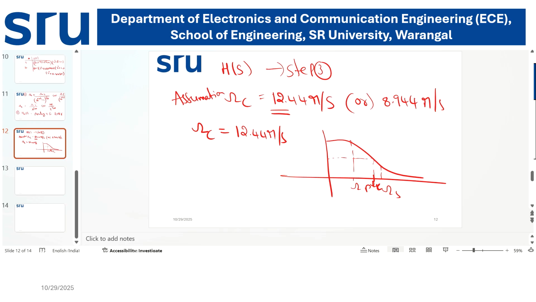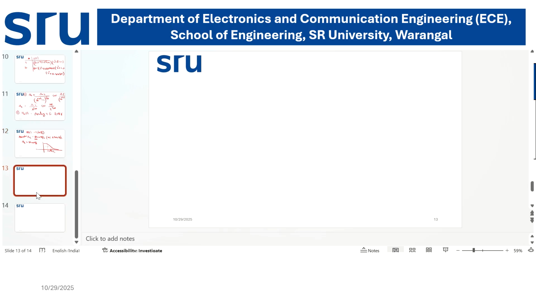Then the last step is finding the unnormalized transfer function, that is, the overall analog filter. The unnormalized transfer function is equal to, from step number 3, wherever you have H of s, it has to be replaced by s by omega c.